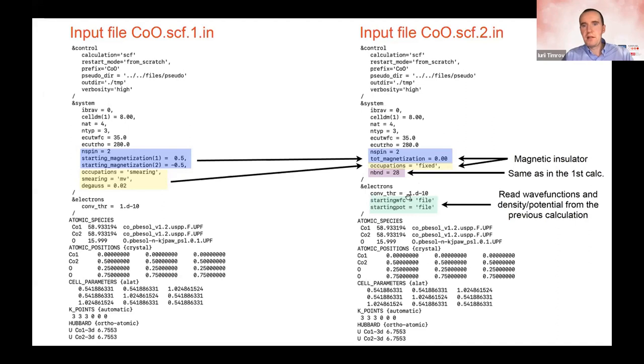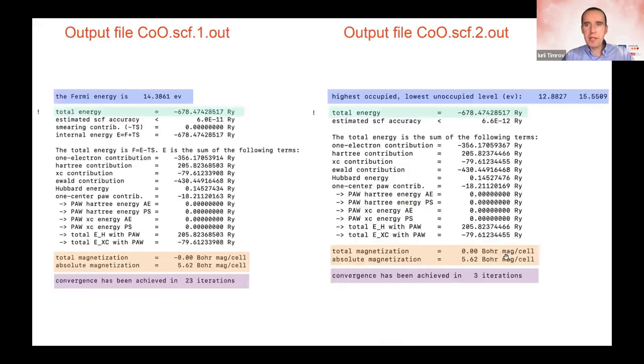That's the only thing. So that's a technicality which has to be used in magnetic insulators, ferromagnetic insulators, antiferromagnetic insulators. But we need to do this two-step procedure. And if we compare the output files of these two types of calculations, in the first one, which we treat as a metal, we have a Fermi energy because it's a metallic calculation, and total magnetization 0.